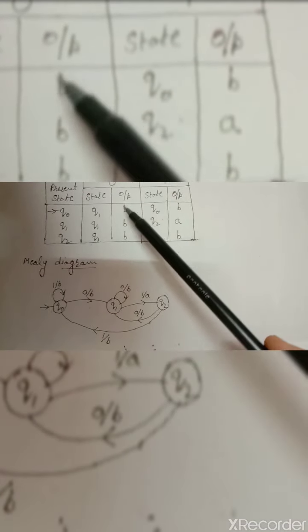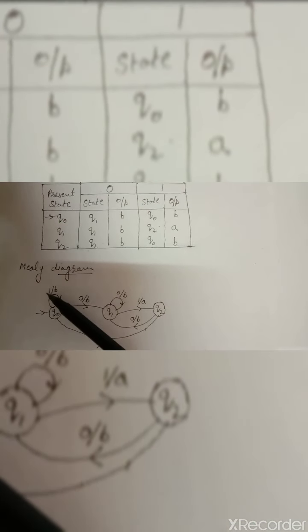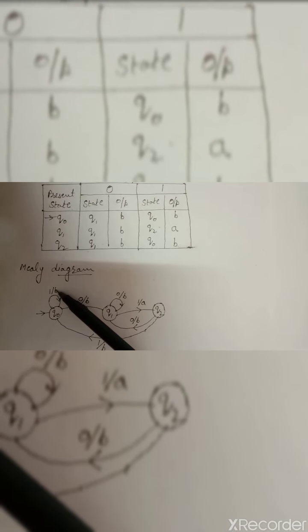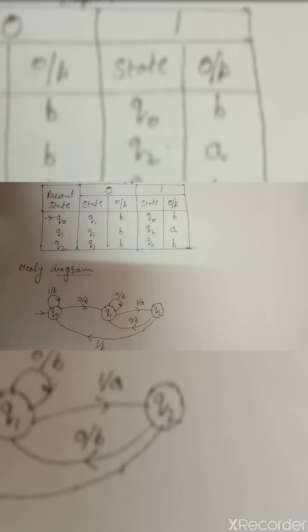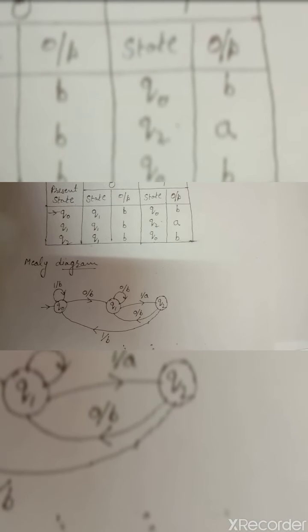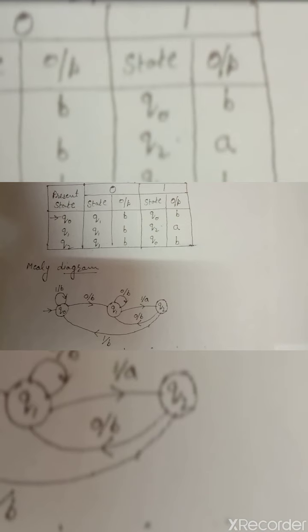Next, with 1 input, Q0 moves to Q0 producing B output. Similarly, you can complete this state transition Mealy diagram. This way we can convert a Moore machine into a Mealy machine.